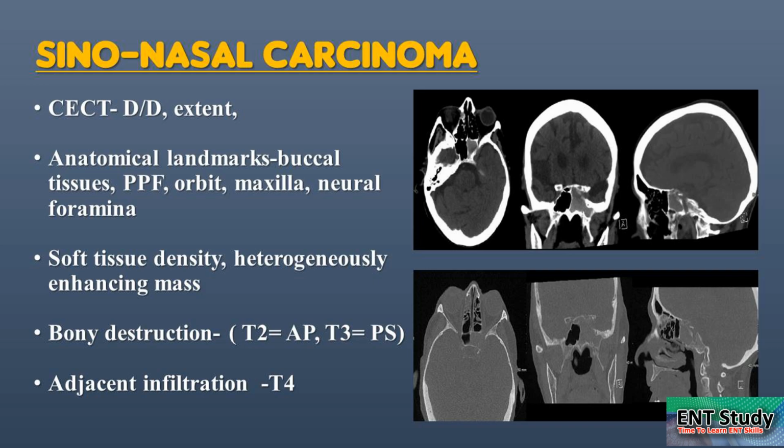Something like T2. If it is eroding posteriorly, then superiorly especially, then it has gone up to T3. And if it is extending into all these adjacent areas, if it is going into the cranium, then this is T4, straight away. So this is a very small tip, but it usually comes in handy.